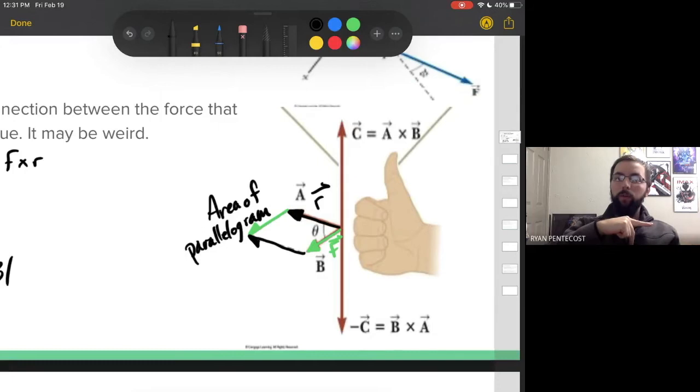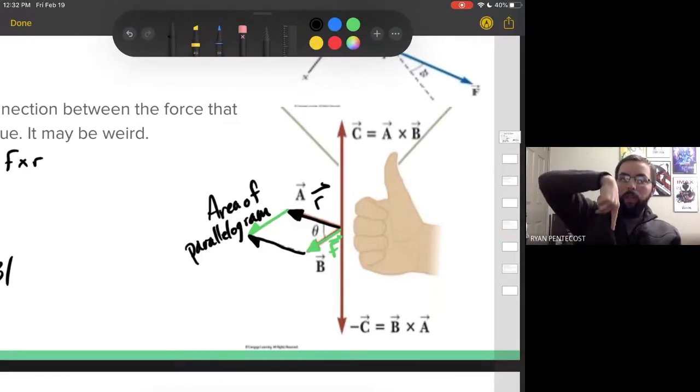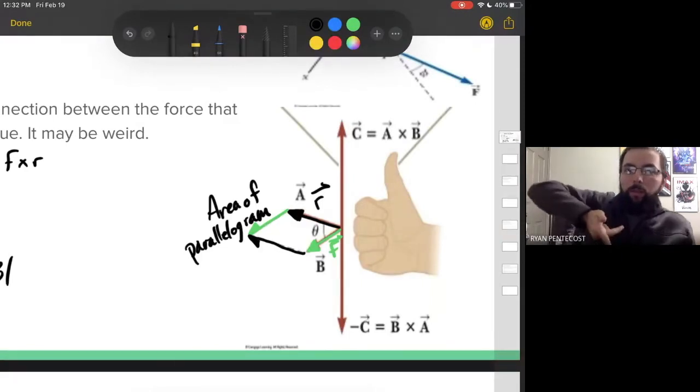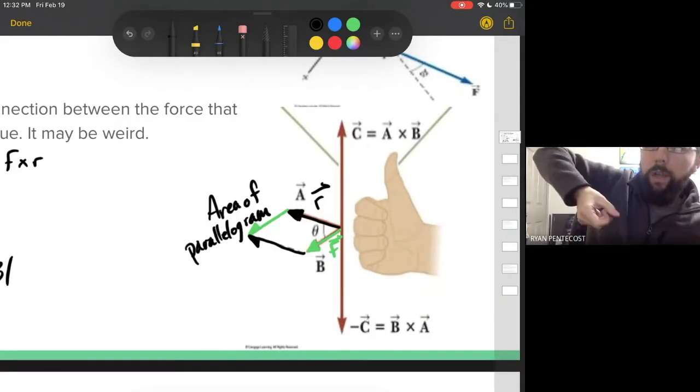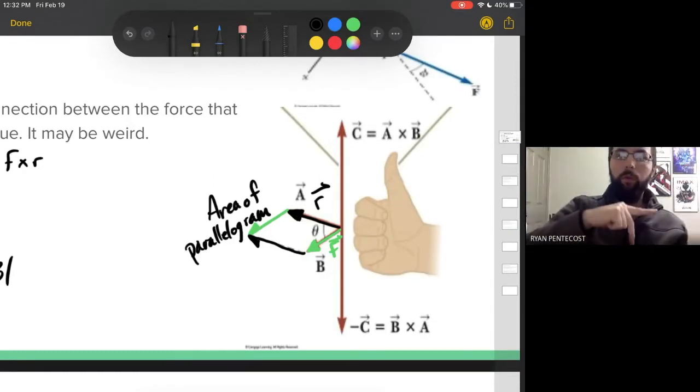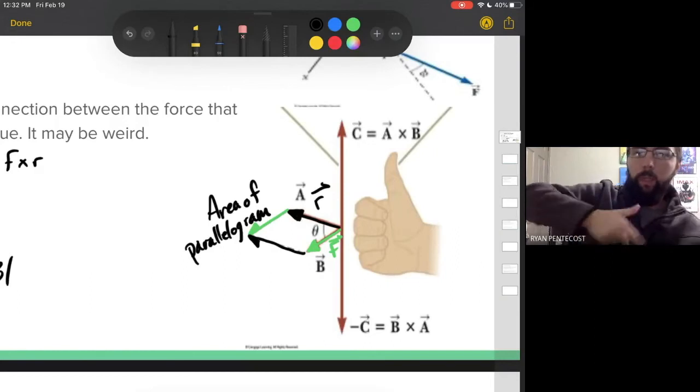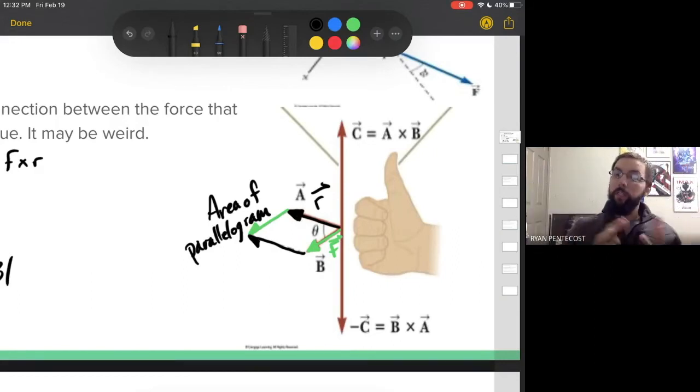Now, if we were to do that backwards, instead of negative I cross negative J, let's do negative J cross negative I, but that negative I needs to go to the left, right? So this gets kind of weird, but your negative J, negative I, now your thumb is pointing away from you, whereas before it was pointing towards you. Okay? So that just shows that it is the opposite, right?